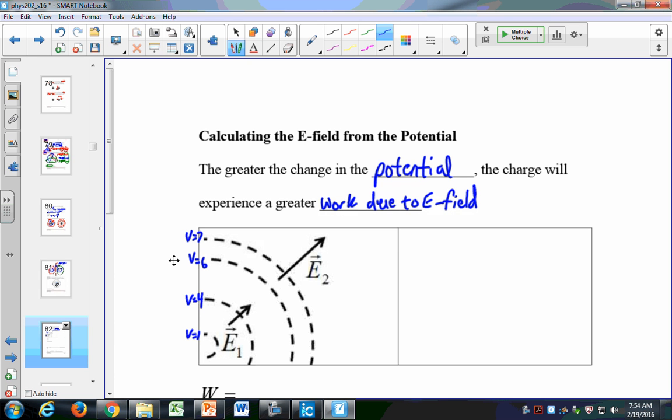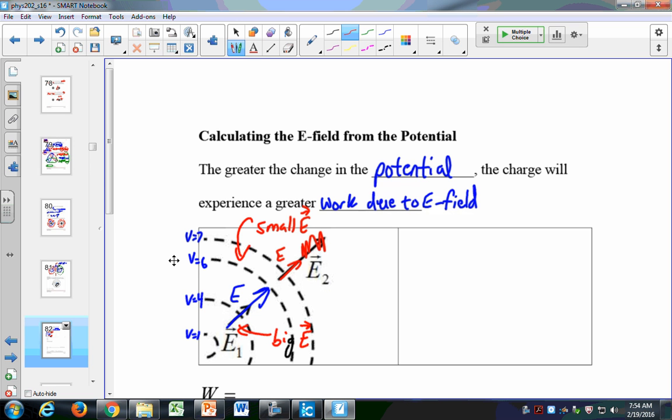And similarly, I show the electric fields here. Sorry, I have these backwards. When my potential is a bigger difference, I should have a big electric field, and when it's a smaller difference, I have a smaller electric field. Sorry about that. So here, I have a small E field, and here, I have a big E field.